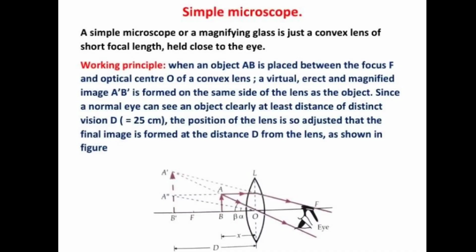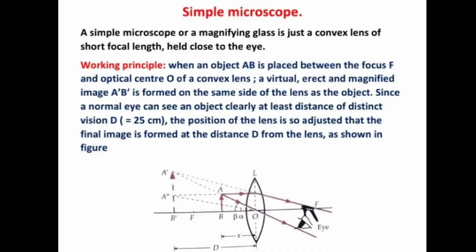Suppose we have an object AB, and when the object AB is placed between the focus and the optical center of a convex lens, a virtual, erect and magnified image is formed. Suppose that magnified image is A'B', and this image is formed on the same side of the lens as the object.